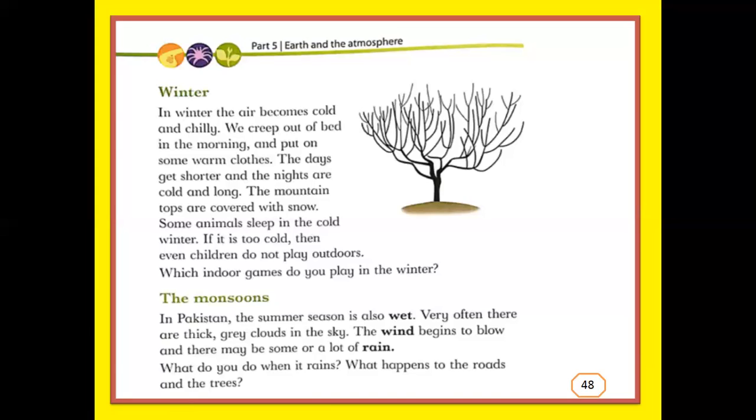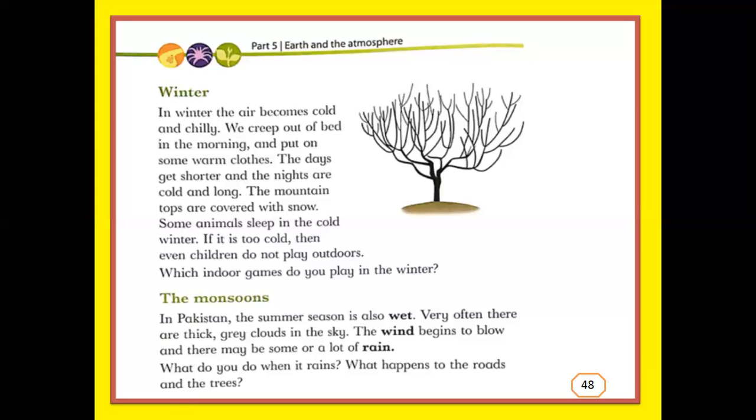But in many countries of the world, in winter, the tops of the mountains are covered with snow. And in this season, most of the animals sleep during the cold winter, and if there is too much cold, we can't go outside. We cannot play outdoor games.